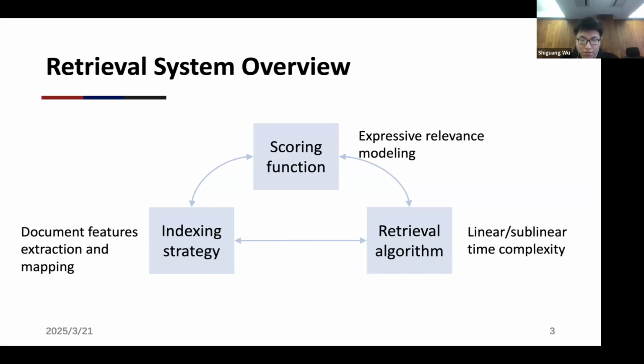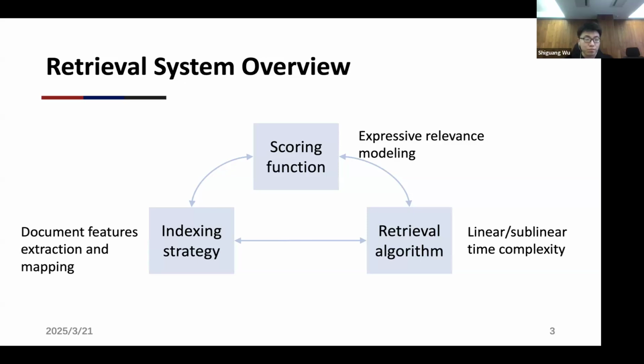After you have it, we look at which parts of the scoring function can be pre-calculated and stored, so we don't have to recompute them online. I think this is what the indexing strategy does.